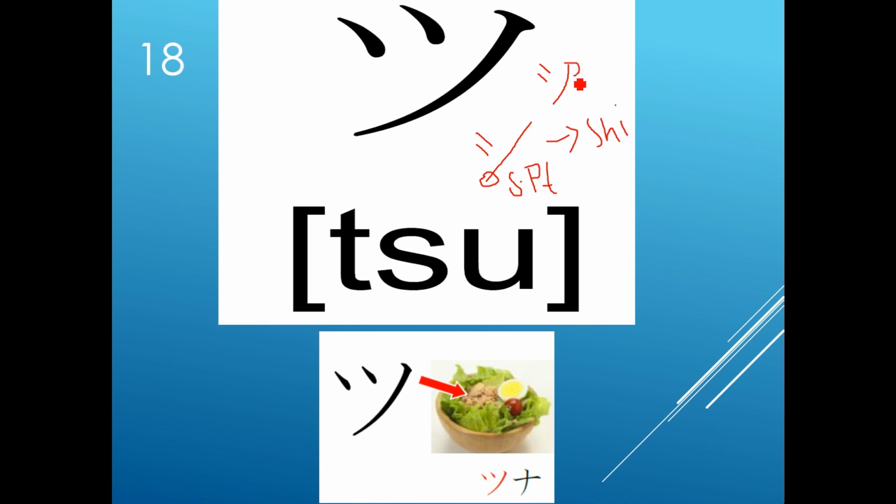So this is the starting point, and this is tsu, T S U. That's the difference. For shi, we start from down, and for tsu, we start from top. That's the difference.